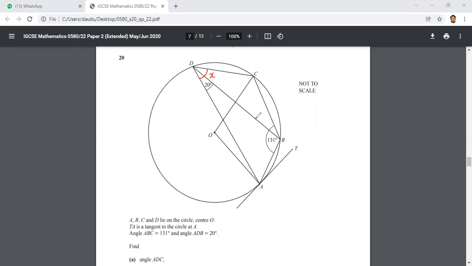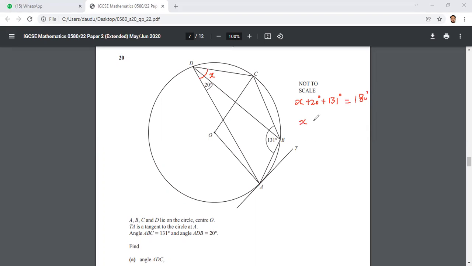So if they are cyclic, the sum of opposite angles is equal to 180. So we can say that x plus 20 plus 131 is equal to 180.